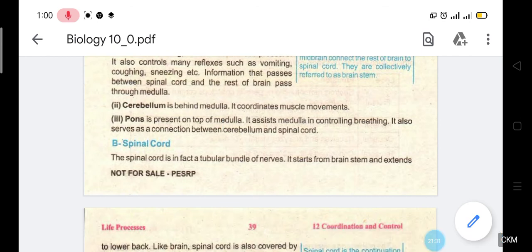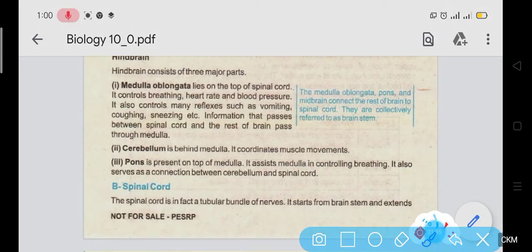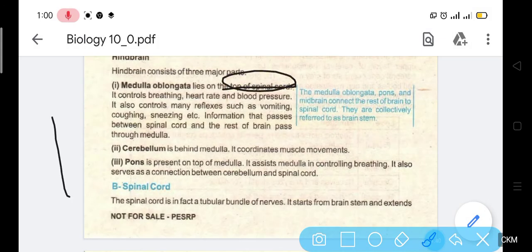If we discuss the medulla oblongata, it lies on top of the spinal cord. If this is the spinal cord, then on top of it there is the medulla oblongata, which controls breathing, heart rate, and blood pressure.